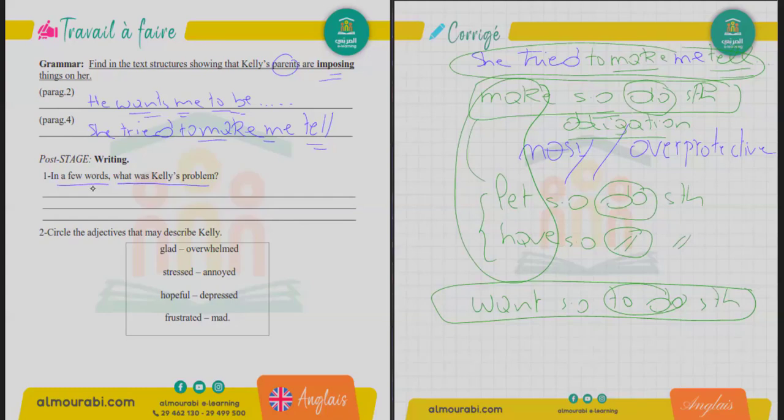All right. Very good, so I can use your expression. They both misunderstand each other. Each wants the other to be the person that she wants.